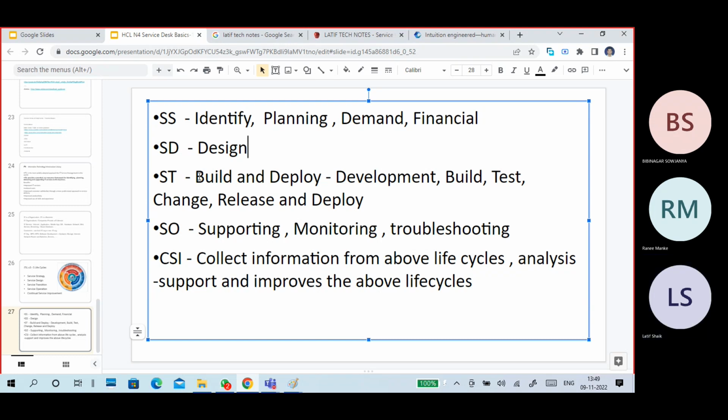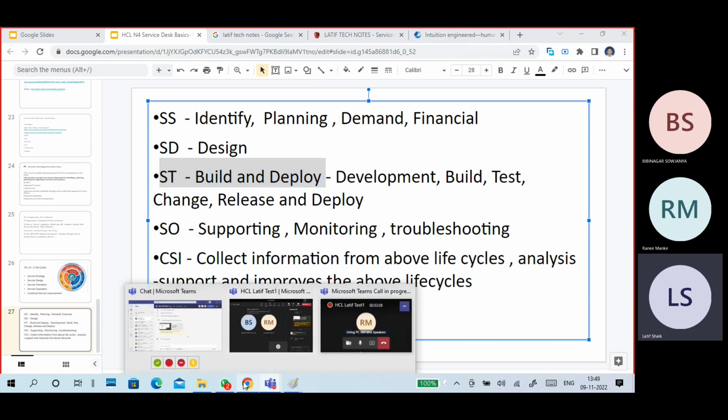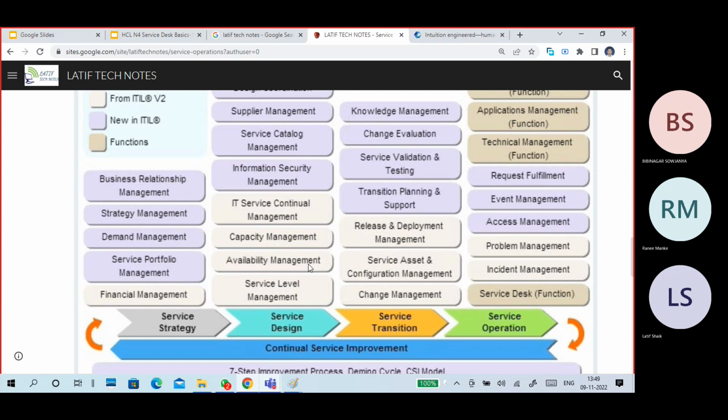Next one is service transition. Sorry, service transition is about build and deploy only. It is about changing things, any change of a service, application, or design.